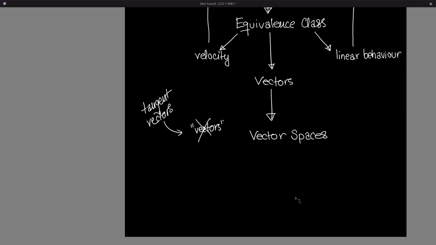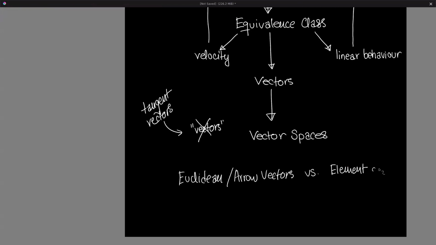So keep in mind the distinction between what you would call Euclidean or arrow vectors versus elements of vector spaces.